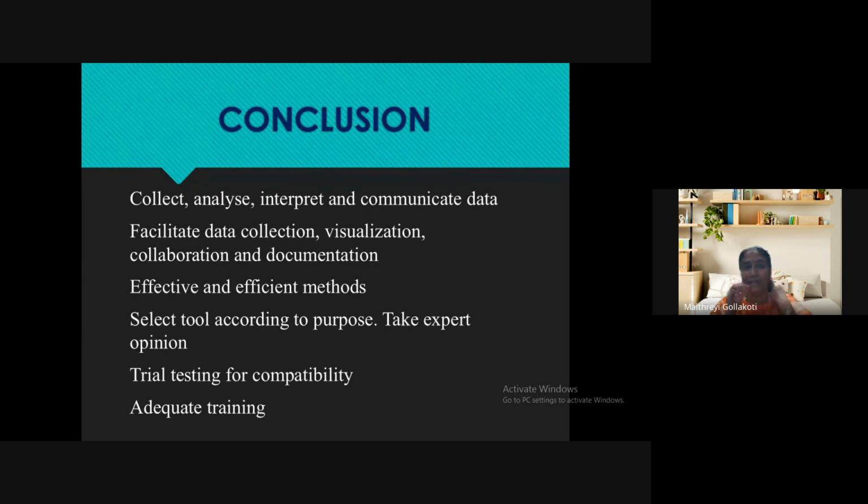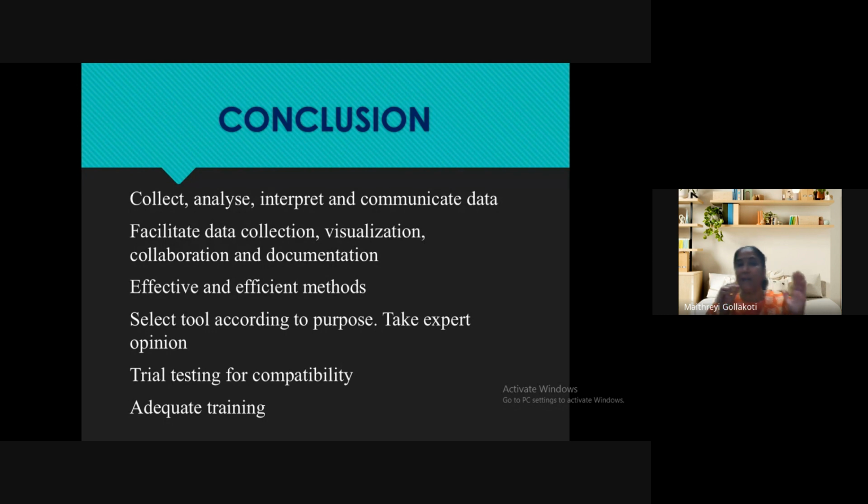Now, the tools can facilitate data collection, visualization, collaboration, and documentation. With the data that we have collected, we can use it to visualize trends, to understand and predict trends. We can use it for collaboration, means we can use it as a teamwork also. And we can use it for documentation, means we can categorize it and we can file it and we can be using it for future purpose.